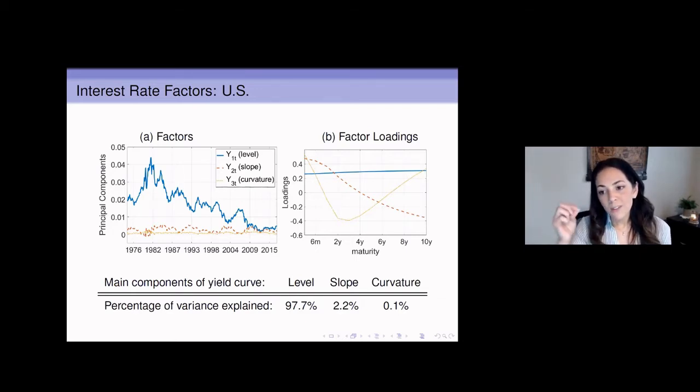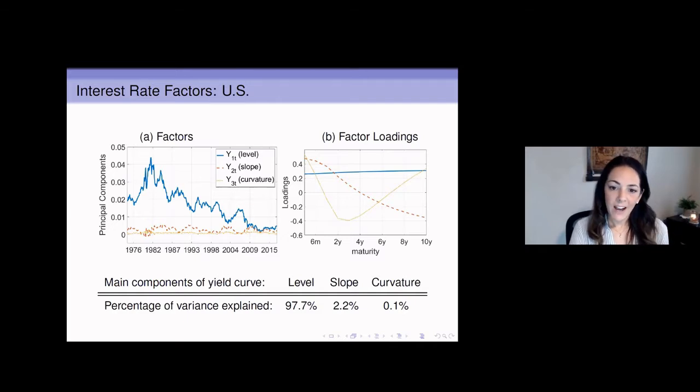So now shocks to this factor are going to pull the ends of the yield curve in opposite directions, thus changing the slope of the yield curve and inheriting that name. And finally, in yellow, we have the curvature factor that loads positively on the ends of the yield curve, but negatively in the middle of the yield curve.